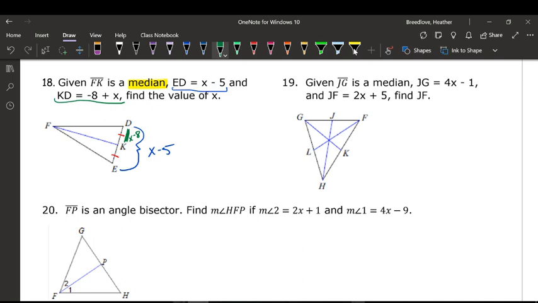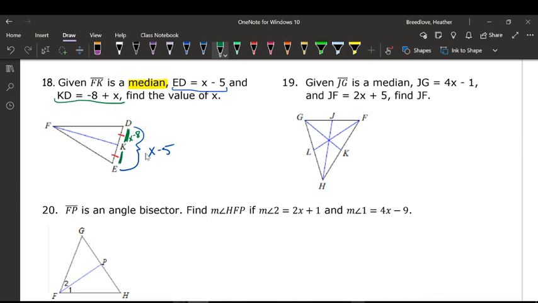Okay, so because I marked with the 2 red lines that these 2 pieces are congruent, I could either write x minus 8 again over here for EK is also x minus 8, or I could say that it takes two of the x minus 8s to make the entire length x minus 5, which is the way I like to do it. Or I'll do the adding.